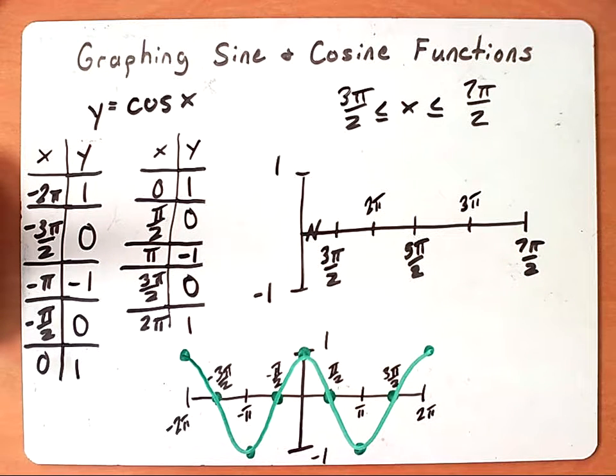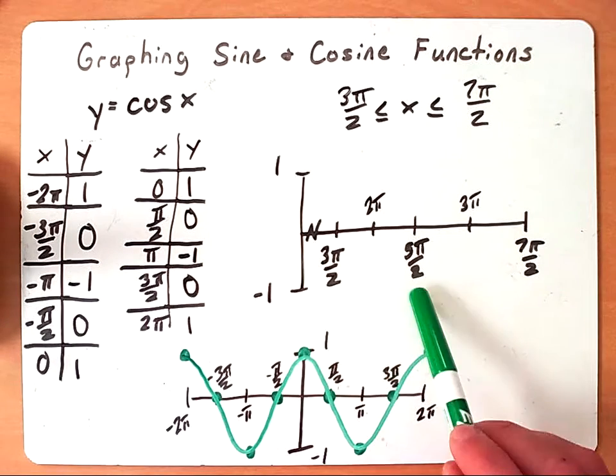All right, so we want to know where this graph is going to go from 3 pi over 2 to 5 pi over 2 to 7 pi over 2. So if I take a look at my parent function down here, I notice that unlike the sine, which was at the x-axis on all whole integers, my cosine function is at the x-axis in all of my fractions. So pi over 2, 3 pi over 2, negative pi over 2, negative 3 pi over 2.